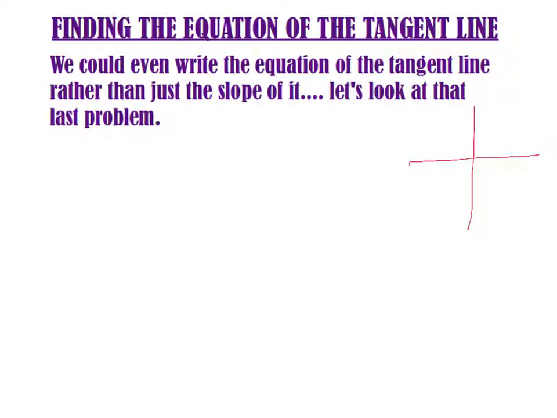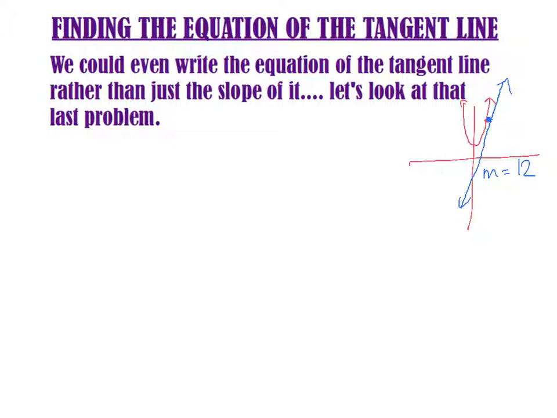So that's a skinny parabola that's been translated up 1 unit. Looks like that. And at x equals 2, let's say that was right here. Here is the tangent line. And what is the slope of that line? 12, right? At x equals 2, the slope was 12.